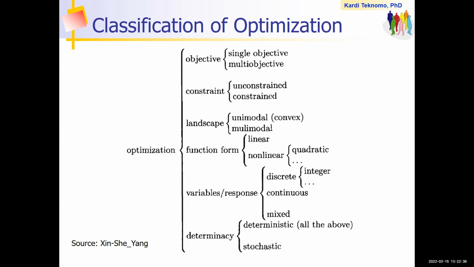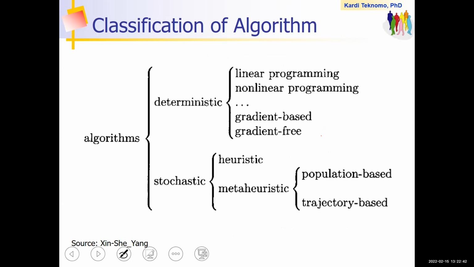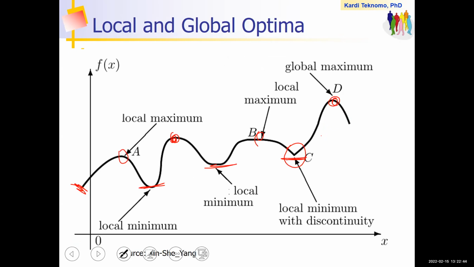So our problem here is whether the landscape is actually unimodal or multimodal, meaning that if you have many peaks here, that is multimodal. Algorithms like that use a gradient method.